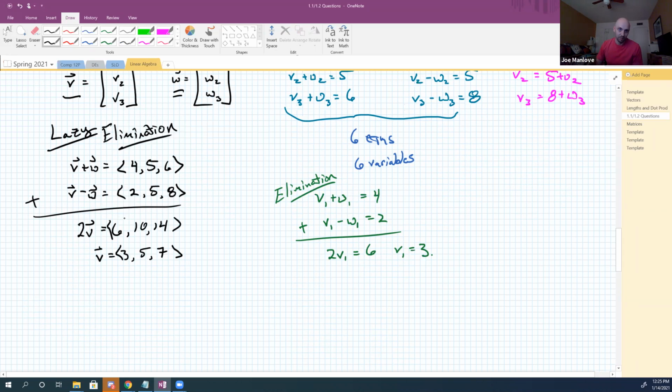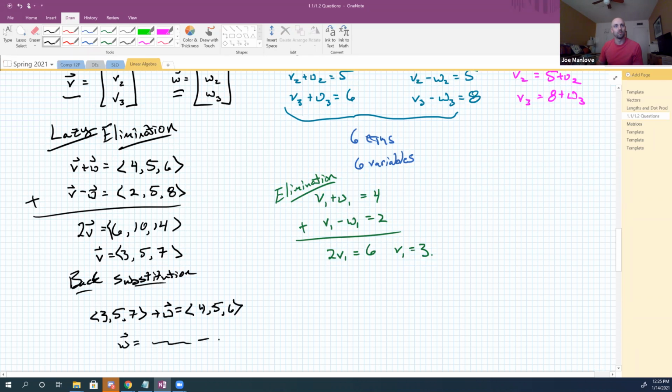It's basically elimination with vectors. And I just want to note that back substitution is the name of this sub piece of that technique, where I say, all right, 3, 5, 7 plus w equals 4, 5, 6, and then we just subtract. You guys good with that?